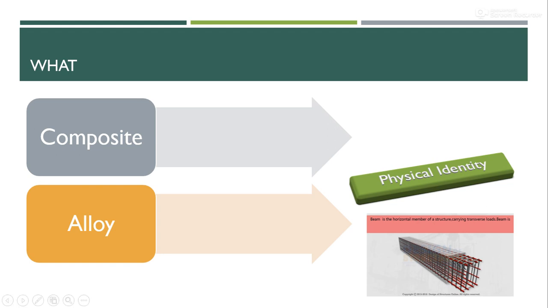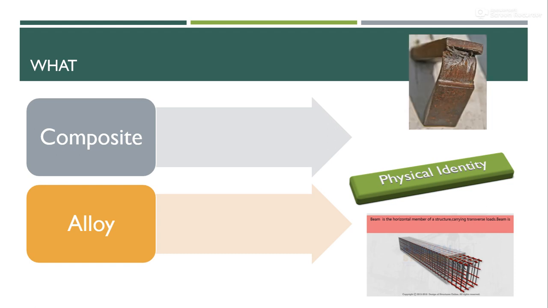Here you can see the beam. We have iron bars as well as concrete. Even after 20 or 30 years, if you break the wall, you can separate them: this is an iron rod and this is concrete. But suppose we have an alloy, here it is steel. It's a combination of iron, carbon, magnesium, zinc, and other elements.